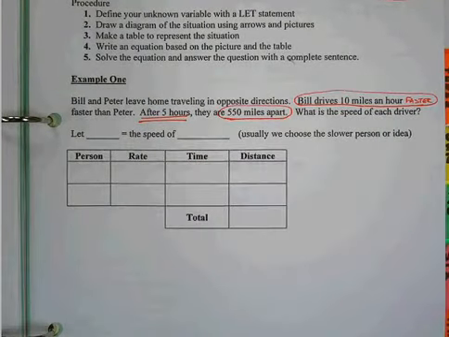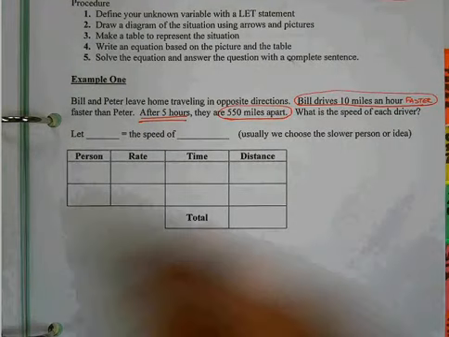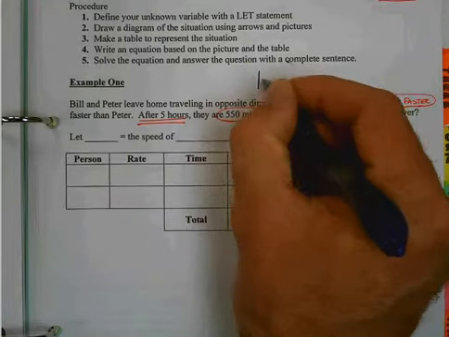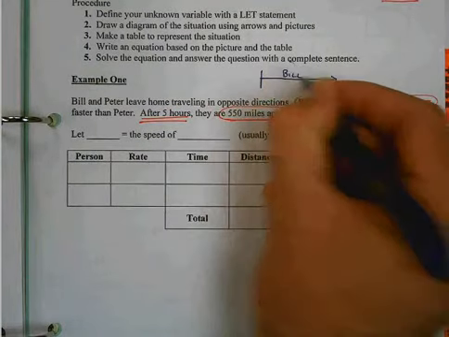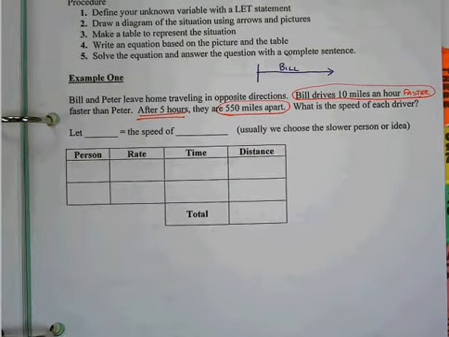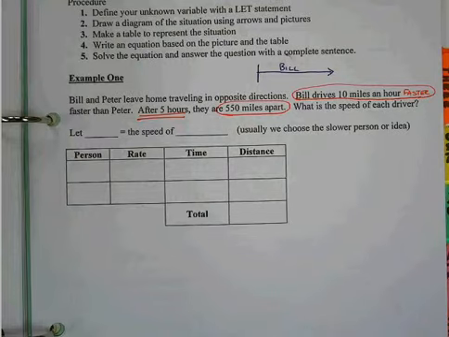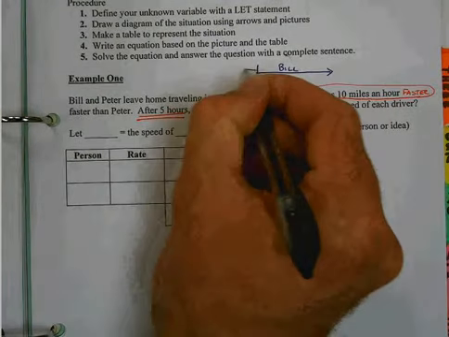So, what we're going to do is we're going to kind of draw a little picture of this up here. This is a very simple picture. This arrow represents Bill. Now, the other arrow is going to go which direction? The opposite direction. Okay, so we're going to make that one in black with a double arrow.